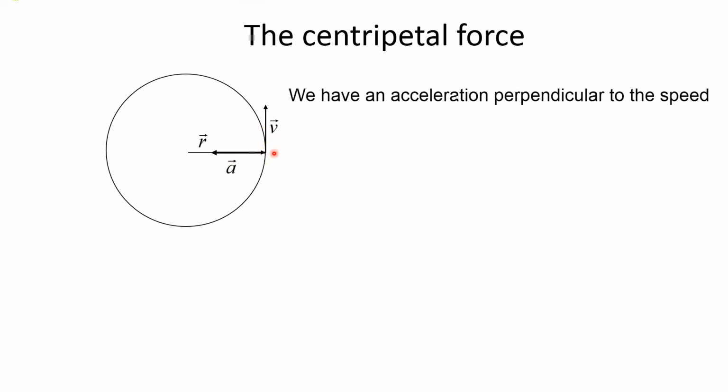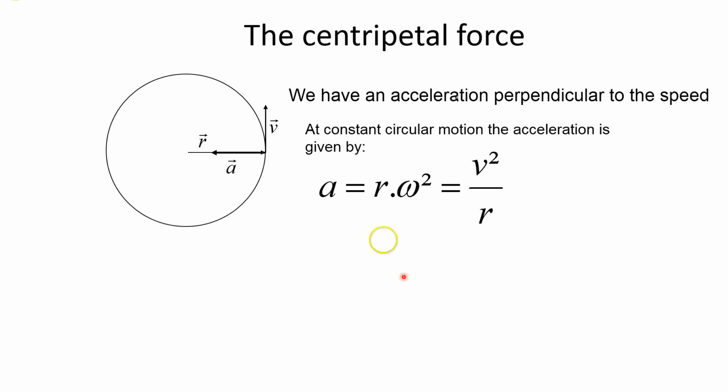We have an acceleration perpendicular to the speed. For a constant circular motion, the acceleration is given by this formula. The acceleration is r times omega squared, which is the same as v, the trajectory speed, the circular motion speed, squared divided by the radius.